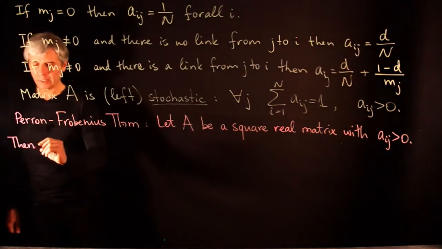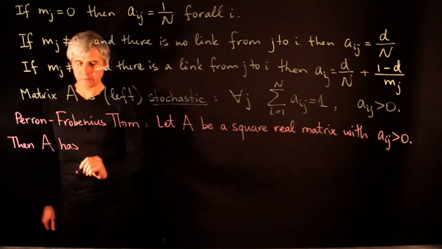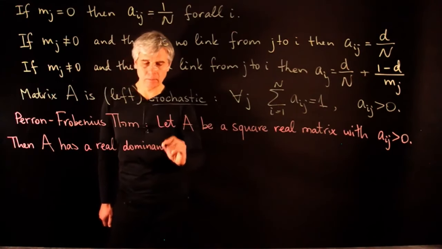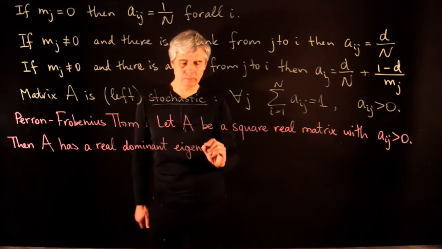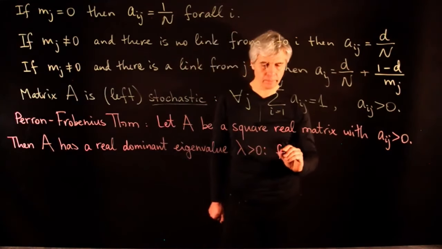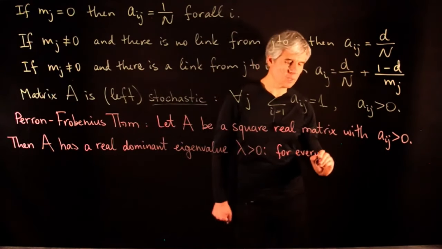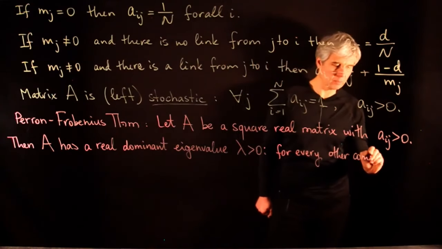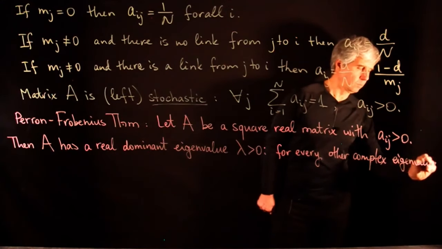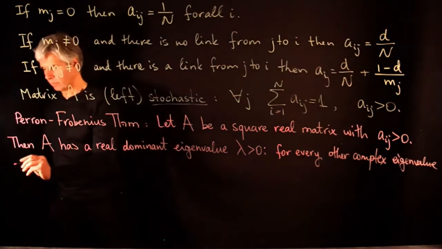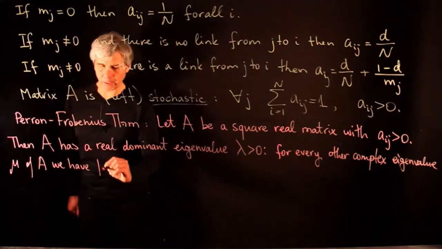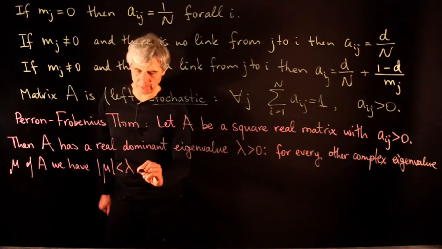Then A has a real dominant eigenvalue, lambda, which is positive, which means that for every other complex eigenvalue, mu, of the matrix A, we have that the complex norm of mu is strictly less than lambda.